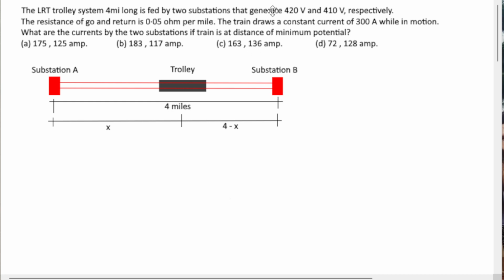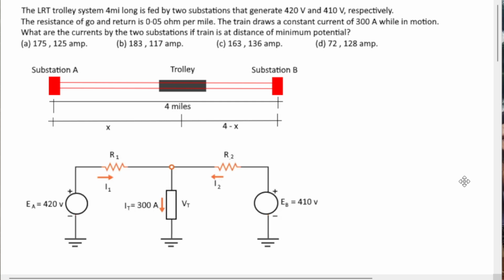Now, the equivalent circuit of our trolley system looks like this. The direction of I1 is toward the trolley, and I2 is also toward the trolley. The current drawn by the trolley is 300 amperes, a combination of I1 and I2.